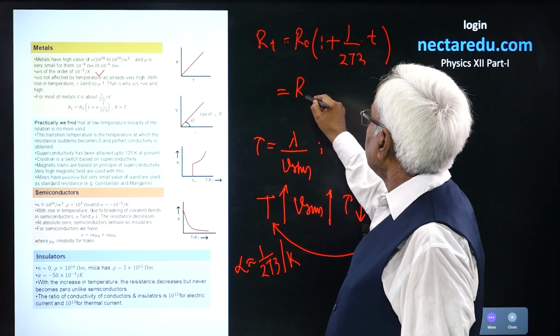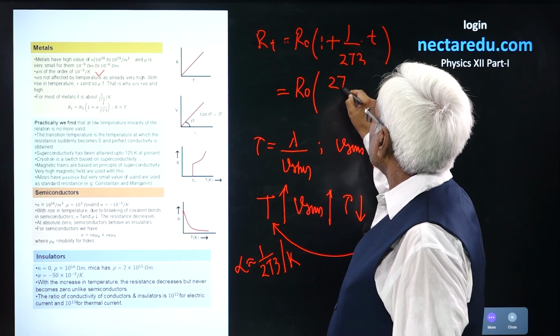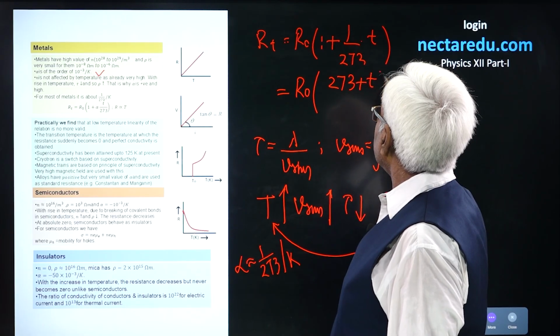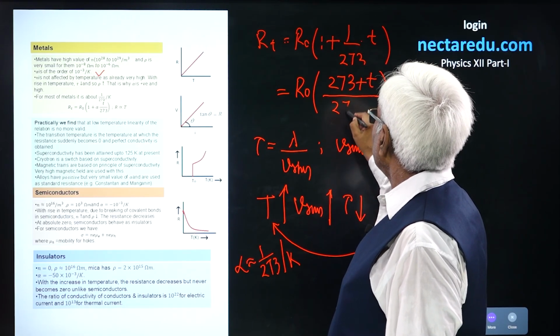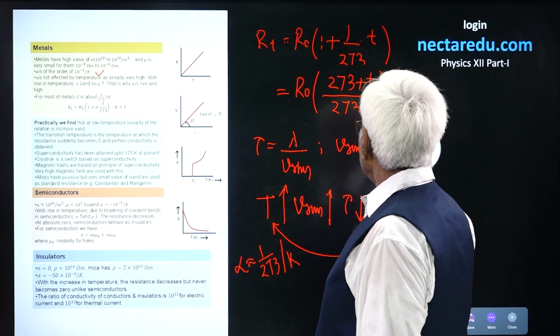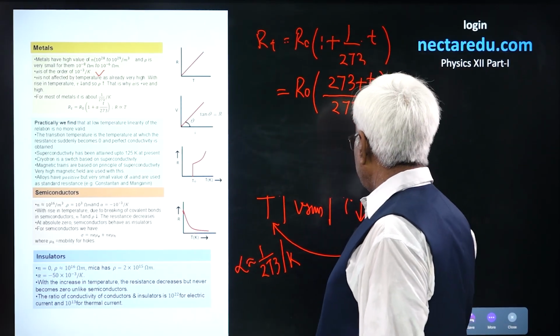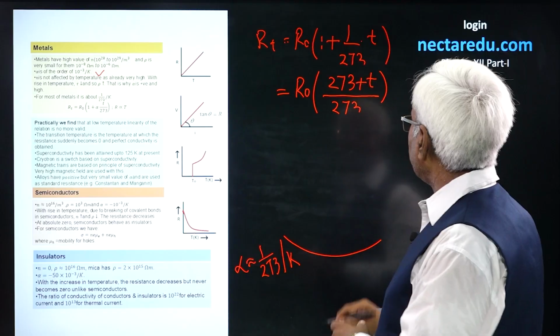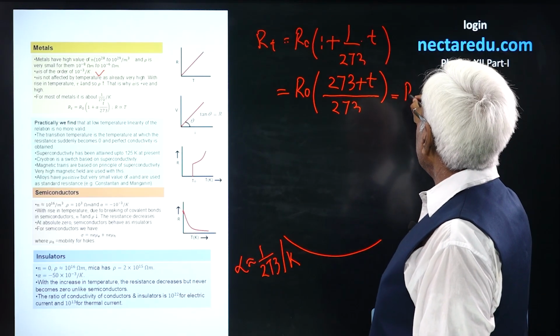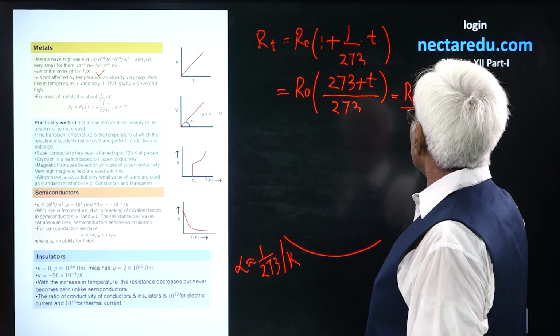So we find (273 plus T) upon 273. 273 plus the temperature in degrees Celsius becomes the temperature in Kelvin.